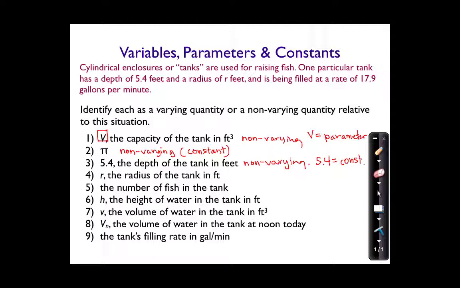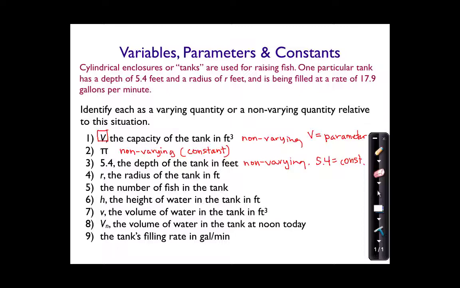What about lowercase r, the radius of the tank in feet? Varying or not varying? Not varying. We've got a tank, it's one tank. It has one capacity, it has one radius. I don't know what they are. I could relate those two to one another, but they're not changing.